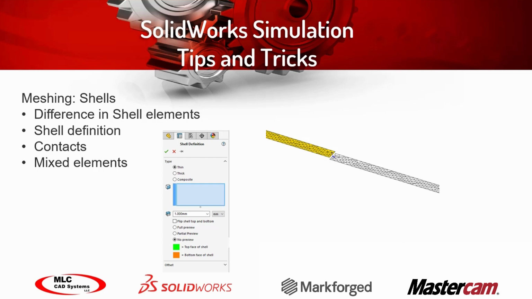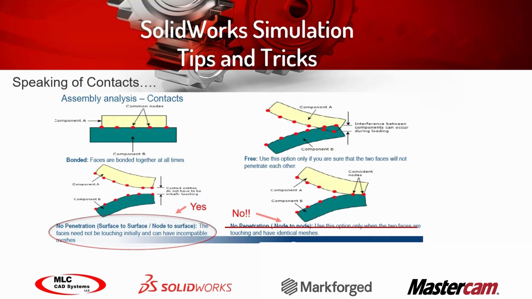Keep in mind that you have to contact your shell elements from part to part or body to body using the same face that you define the shell as if you use that define shell by face option. So it's a little bit more work for defining your contacts. You can also take advantage of the shell manager to group by thickness, group by material, a couple other items as well, just to manage the shell definition a little bit easier.